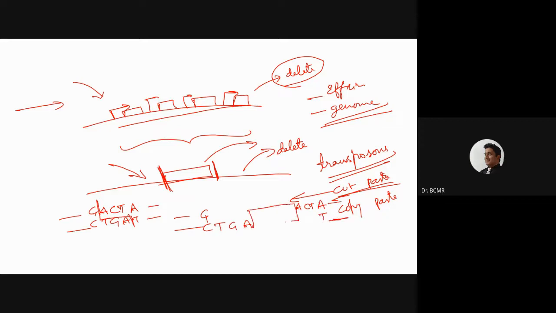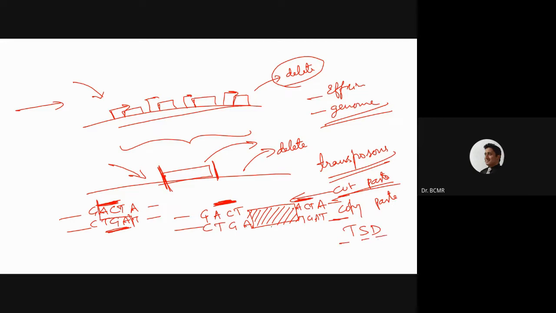Transposon goes in there, and then the gaps are filled up, right? In the original target, we had only one ACT sequence, but now we have two ACT sequences. That is called TSD, target site duplication.